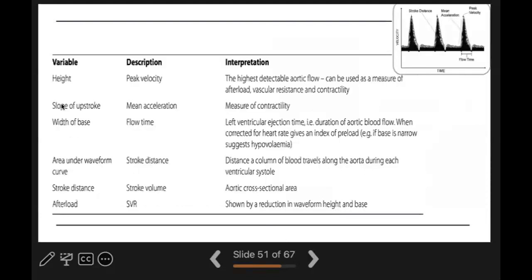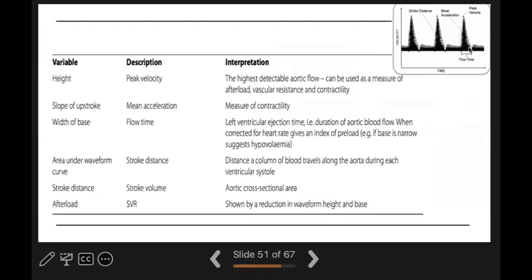So as I told you, the height of the curve, because of the Doppler principle, that is the blood flow velocity in the descending aorta, is called the peak velocity. The highest detectable aortic flow could be a measure of afterload, vascular resistance, and contractility. Okay. And the slope of the upstroke, which is called mean acceleration, could be a measure of contractility.